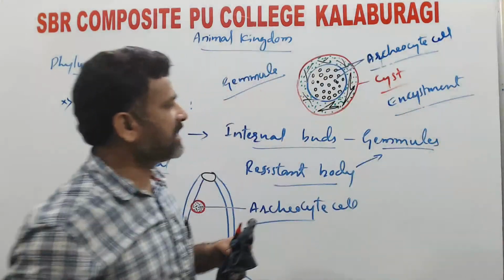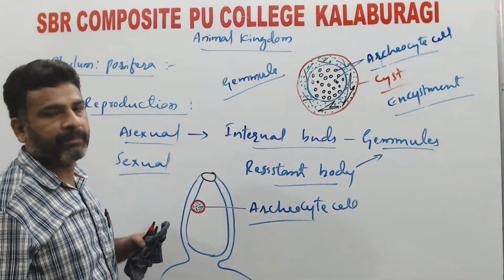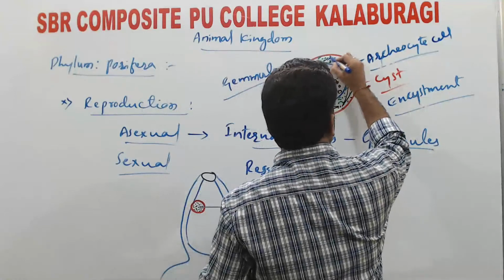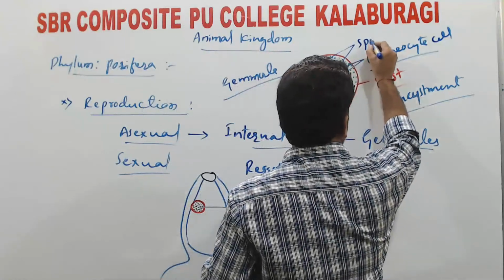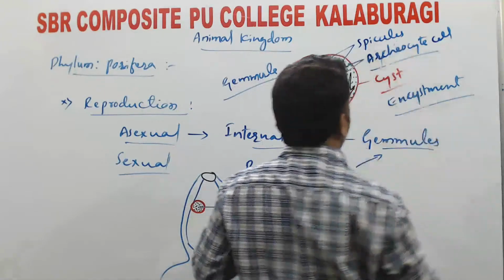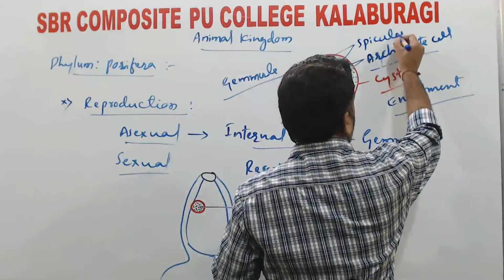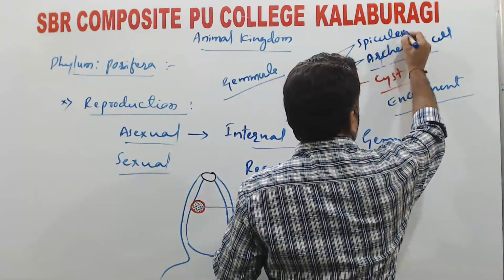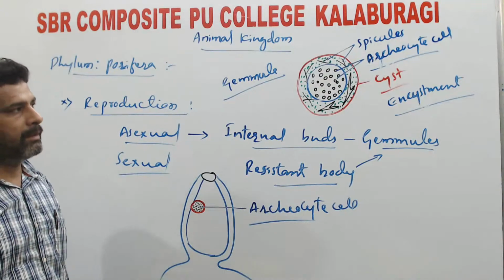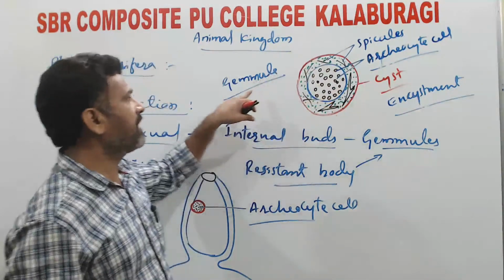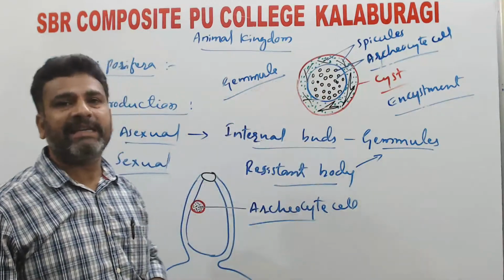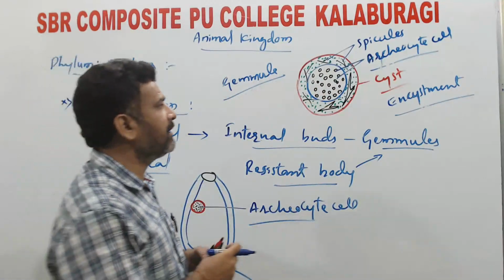Here is the cyst present around the body. So here these are the spicules. This entire structure is called a gemmule. Once favorable conditions reappear within the colony, what happens?